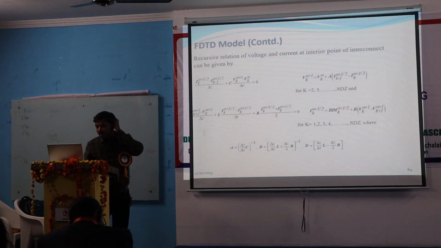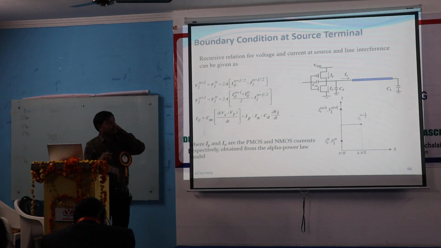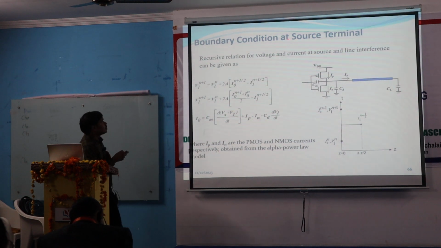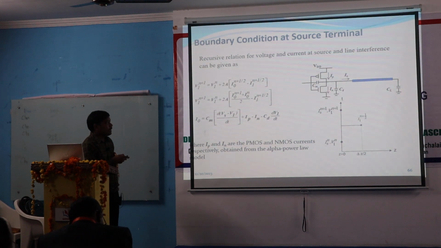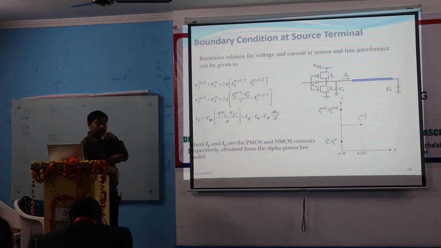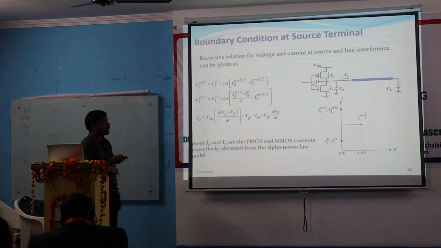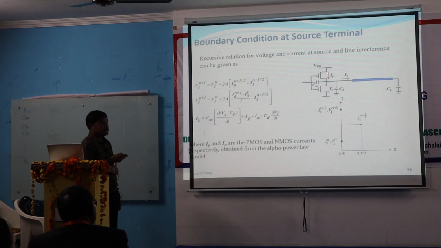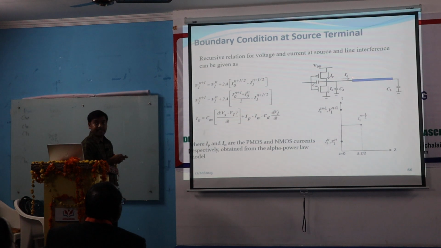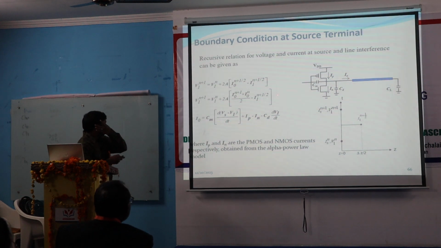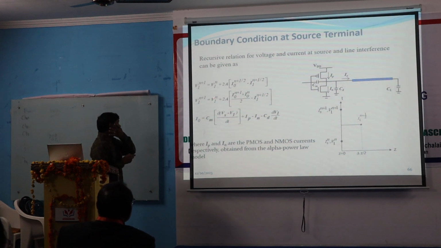So this is a boundary condition. The near end is a CMOS inverter that we already defined, right? So you need to model this CMOS inverter. It is a combination of IP and IN currents that describes the I0 current, such that I0 is described like this.